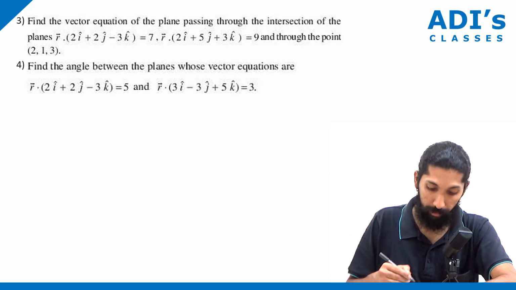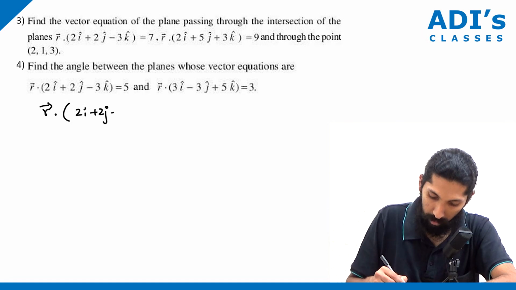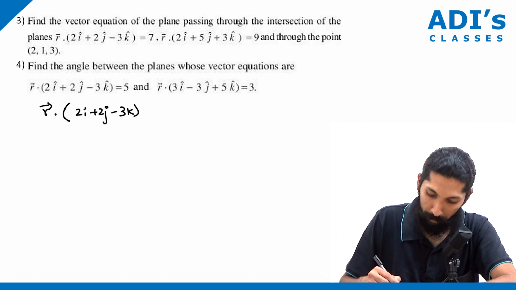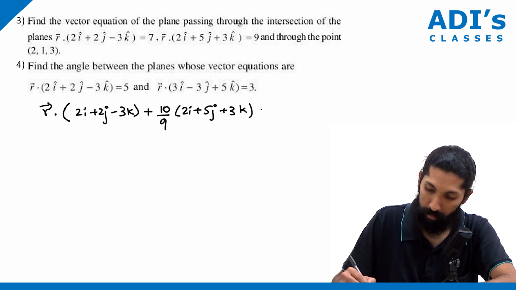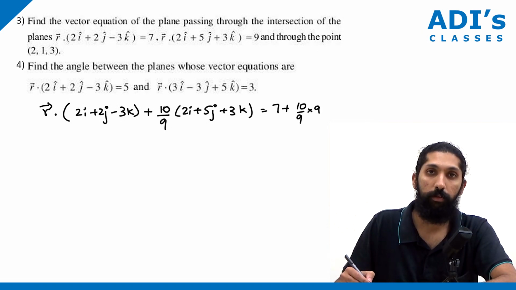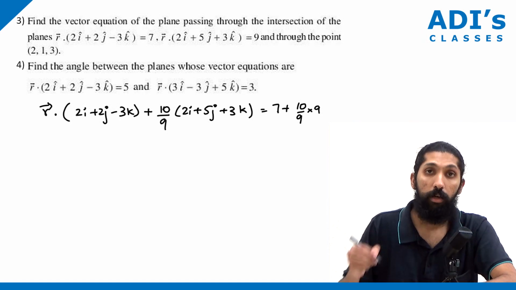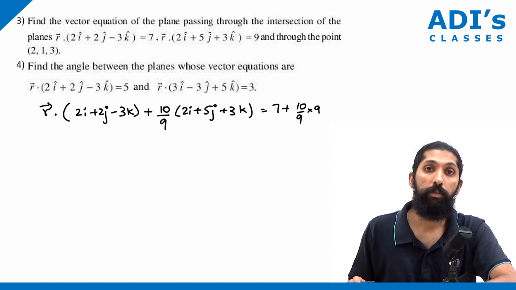We get r dot (2i plus 2j minus 3k plus 10 by 9 into (2i plus 5j plus 3k)) is equal to 7 plus 10 by 9 into 9. This is what you have. So what we are going to do now is substitute the value and get the answer.